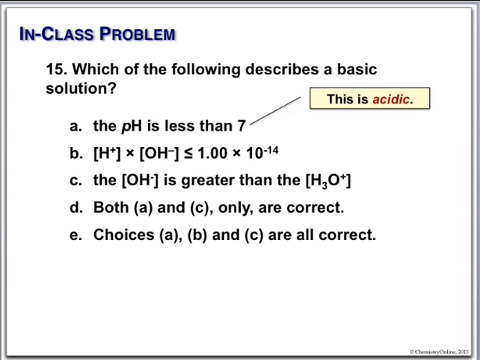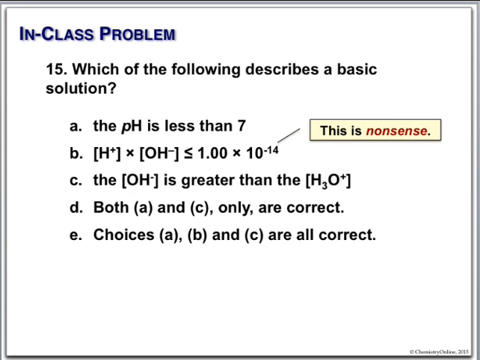Now you know that neat equation we just talked about? I said pH plus pOH was always equal to 14, right? Well, that comes from the fact that the concentration of hydroxide times hydronium is always equal to 10 to the minus 14. But less than or equal to, I'm sorry, that's nonsense.